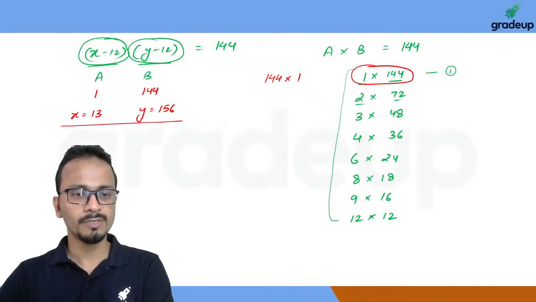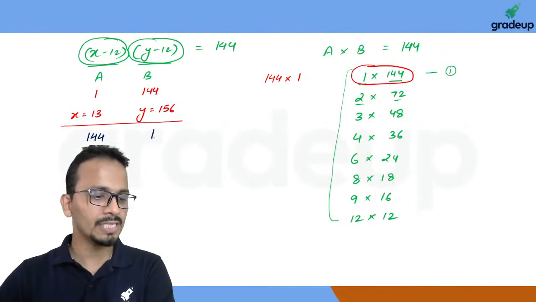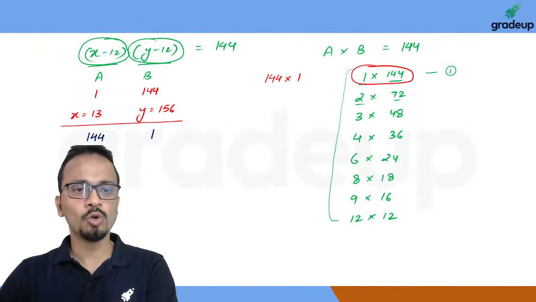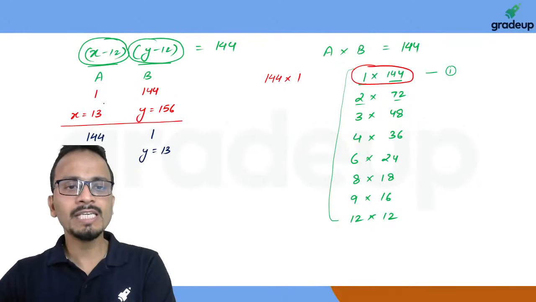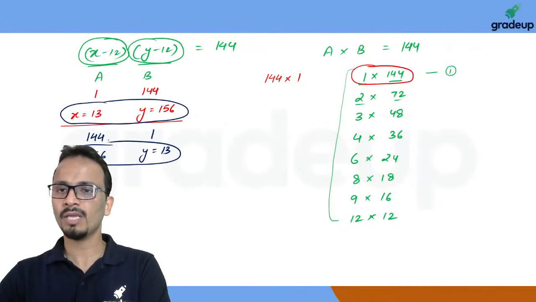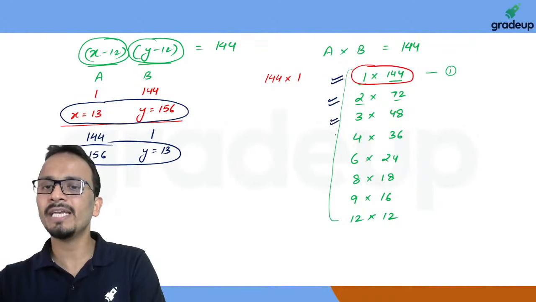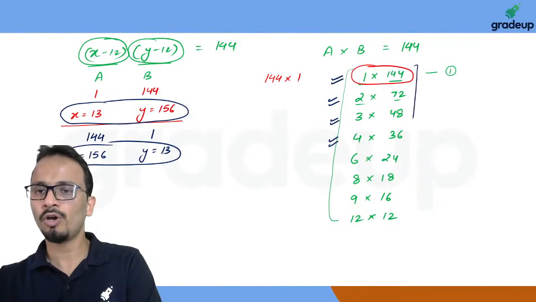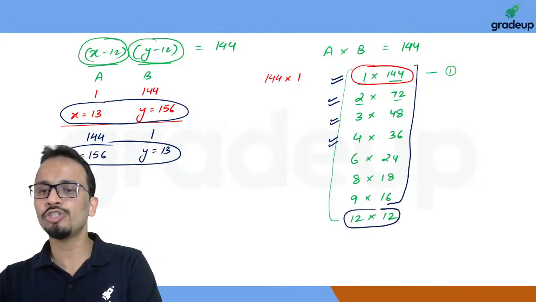If I reverse these values, that means if I consider A as 144 and B as 1, then corresponding to this I'll get 156 as the value of x and 13 as the value of y. Obviously, these are two different solutions. So this is one solution and this is another solution. In every case I'll be getting two solutions. For 12 into 12, I'll get the same solution every time.